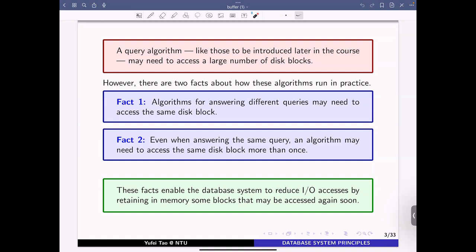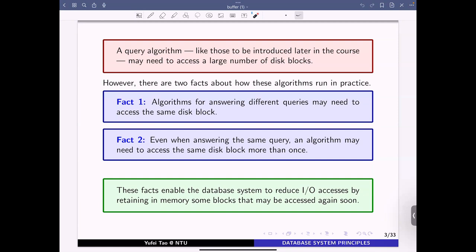As you can see, this buffering idea works only if there are overlaps in the block accesses by the algorithms, sometimes multiple algorithms. If, strictly, each algorithm accesses a disjoint set of blocks, and also every algorithm would never access the same block twice, then the idea of buffering is not going to work.